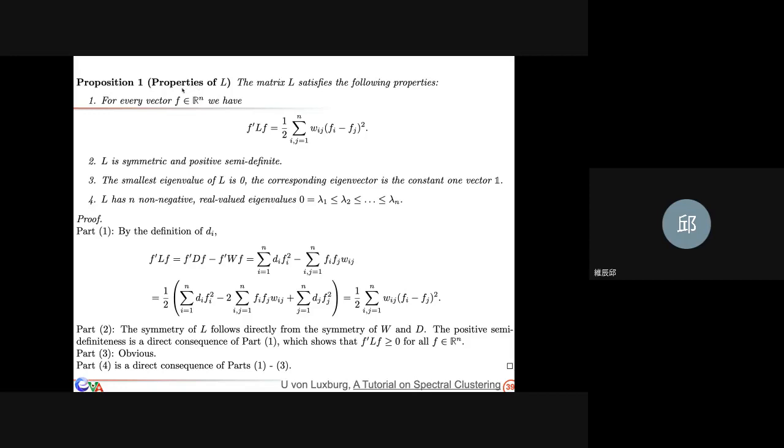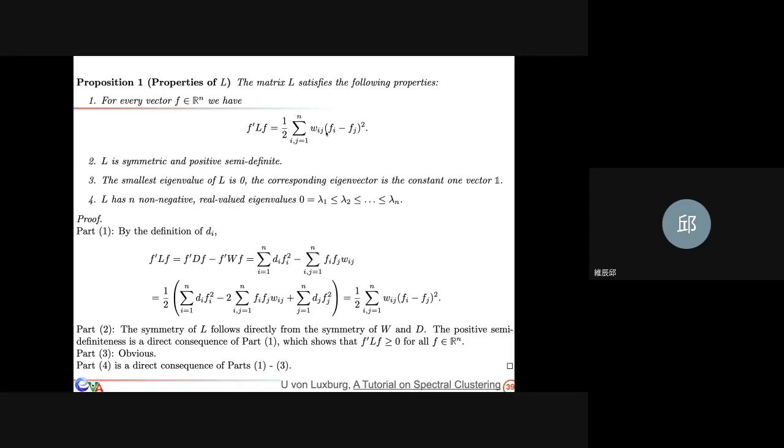So let's check the properties of this graph Laplacian matrix L. Basically, the matrix L satisfies the following properties. For every vector f, if you compute f transpose times L times f, then it can be expanded this way.